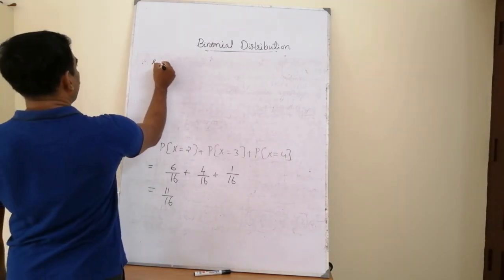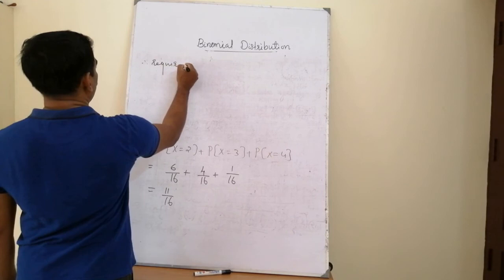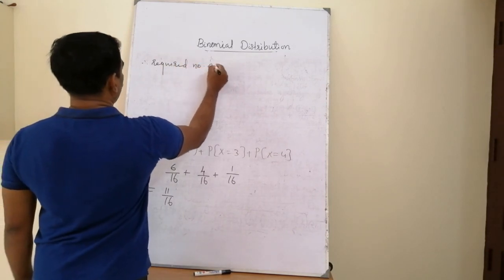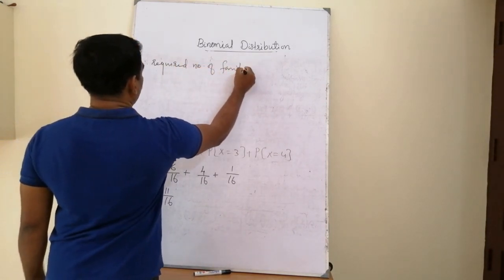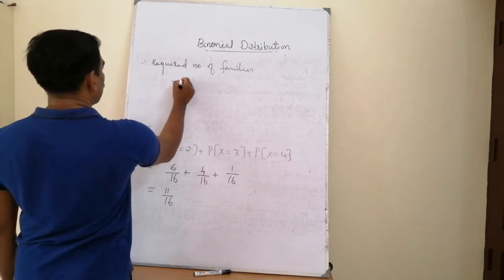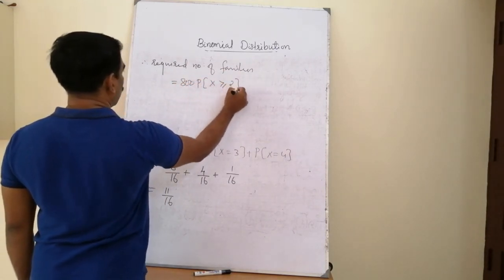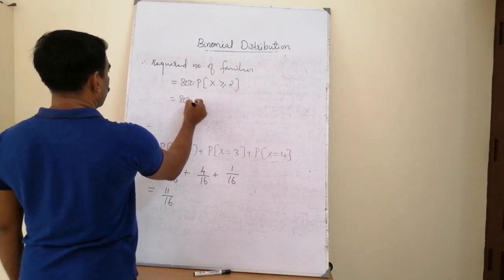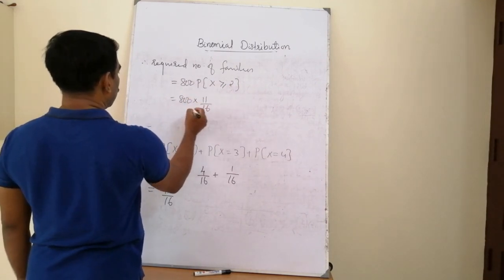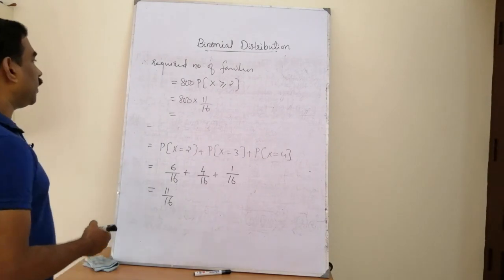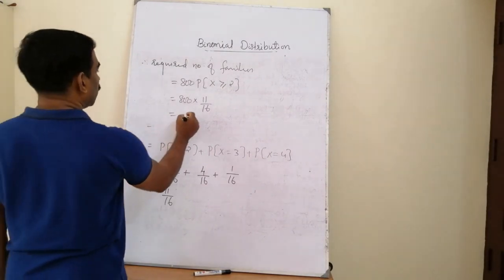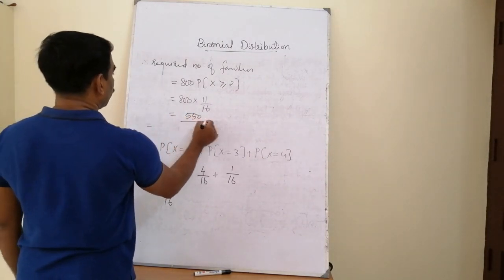Therefore the required number of families is equal to 800 into the probability that X is greater than or equal to 2, that is 800 into 11 by 16, cancelling 16 with 800, 50 into 11, that is 550.